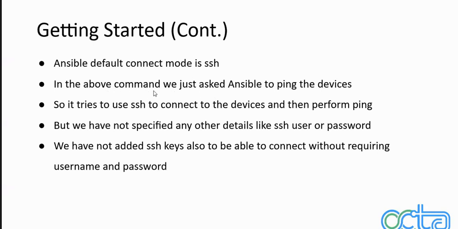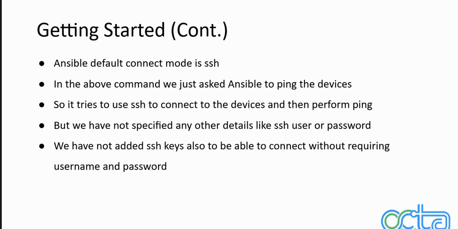So in that command, what we have done is we have asked Ansible to ping the devices. By default, it tries to use SSH to connect to those devices and perform ping. And this ping is not an ICMP ping, it is a Python module, which means on the target node, it tries to go and, when I say Python module, there is a Python file with the name ping.